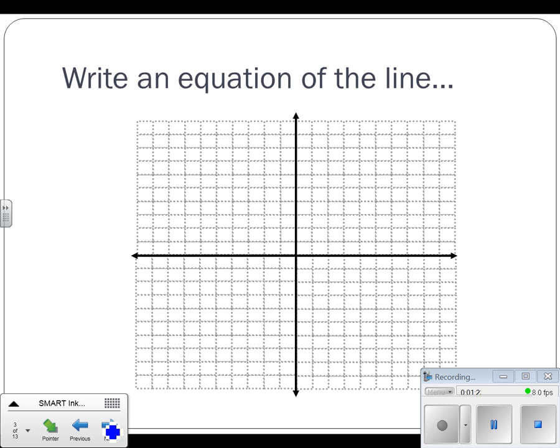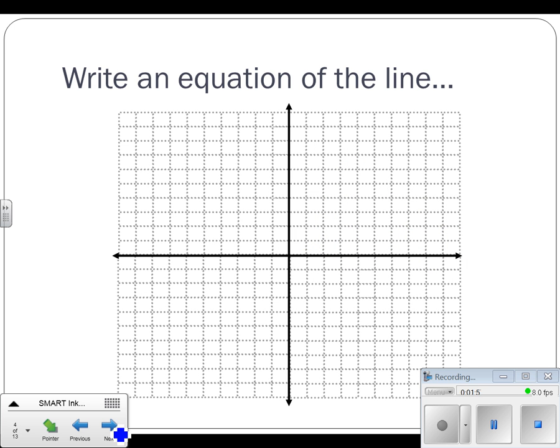I'm going to graph a line, and looking at this line here, we should be able to come up with an equation in slope-intercept form. That would be y equals 2x, because the slope is rise 2, run 1. And then the y-intercept is at 1, so plus 1. So y equals 2x plus 1.